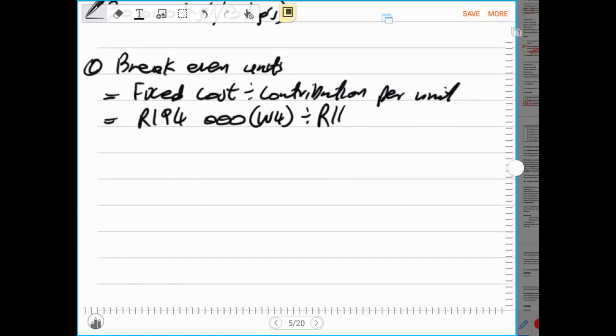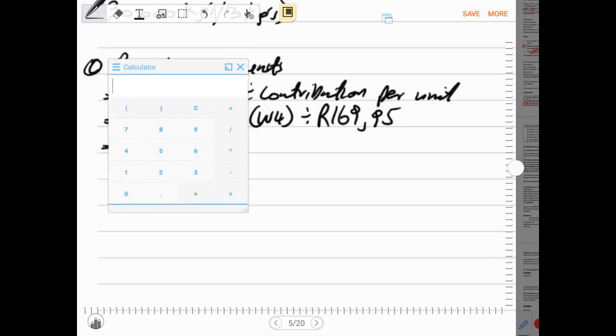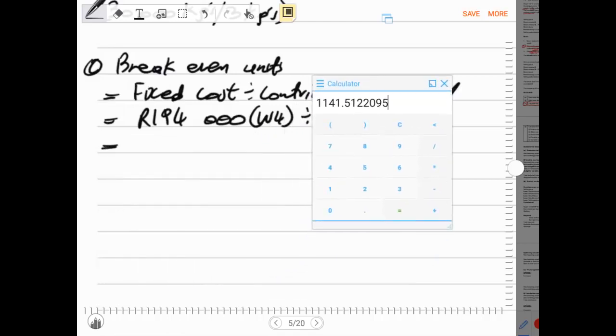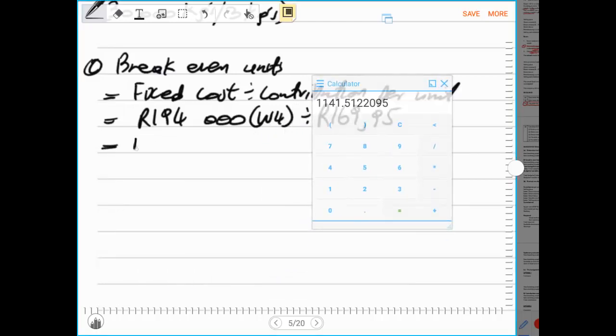Then we determine our units. 194,000 divided by 169.95 gives us 1,142 units.